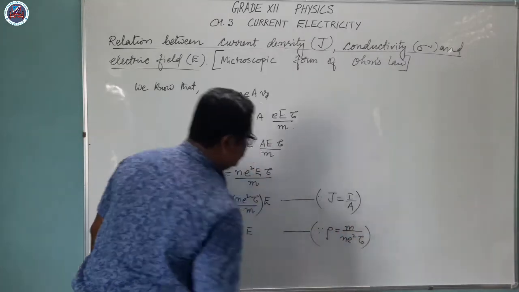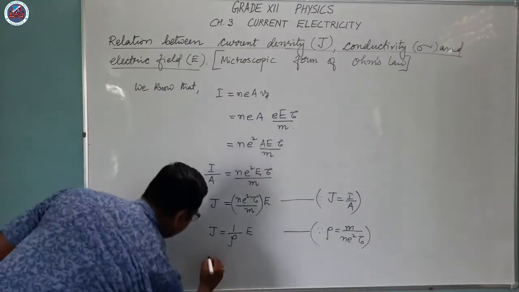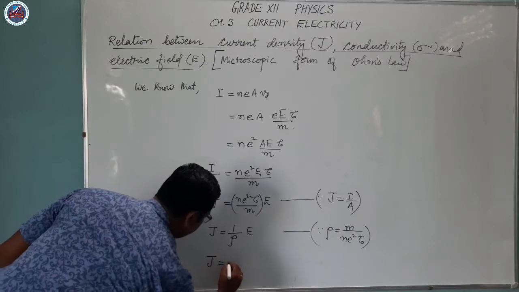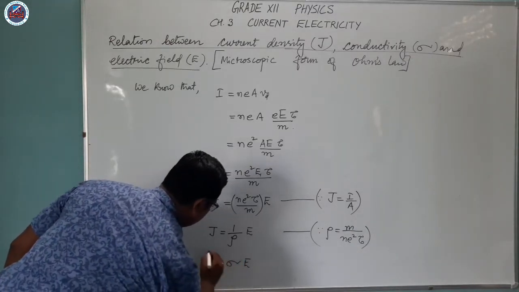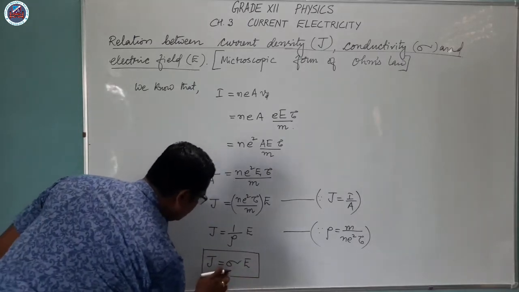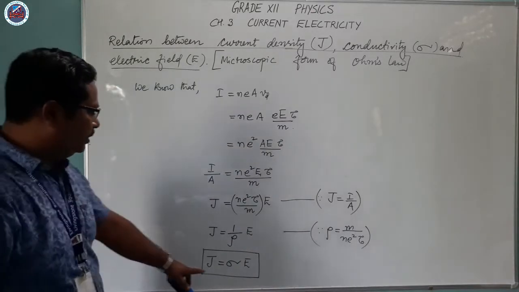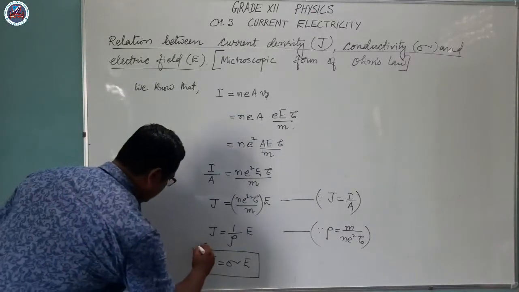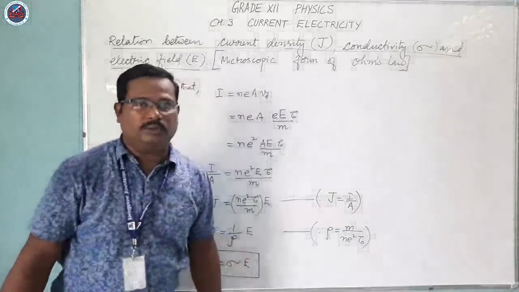This is the expression for resistivity. Now this reciprocal of resistivity we call sigma, the conductivity, into E. So current density J is equal to conductivity sigma multiplied by the applied electric field. This relation we call the microscopic form of Ohm's law.